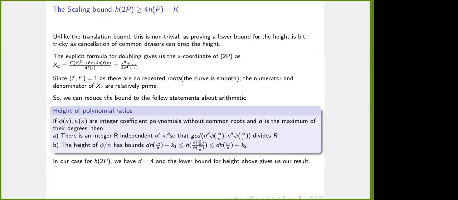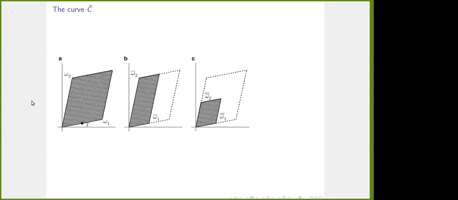This is a purely arithmetic fact, and once we know it, we take d equal to 4 and get the scaling bound. So, up to this fact, we proved the arithmetic and the scaling bound.